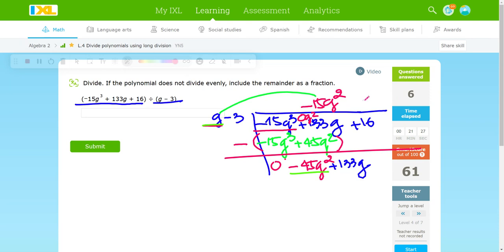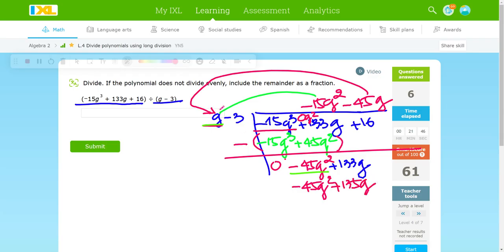And it should come out at negative 45 and then only g. Okay, multiply them back. I come out negative 45g squared. Negative 45g times 3, ooh, becomes a positive 135g, okay?